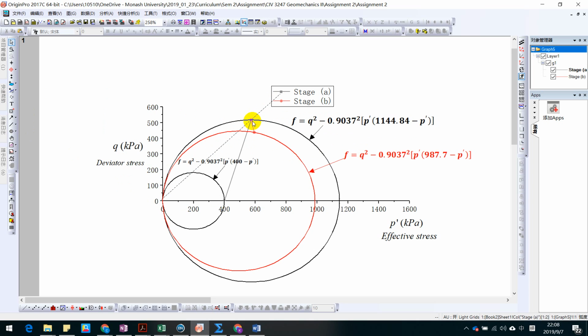On this point, you have the parameters P dash and Q, and you plug those in to back calculate the P naught, or P0, here, so that you know the yield function of the yield surface. And that's it. Thank you for watching.